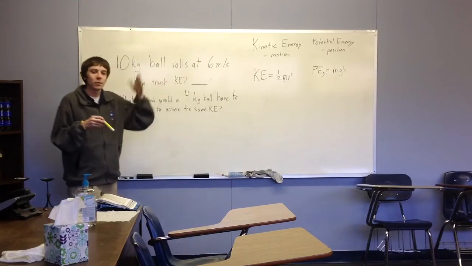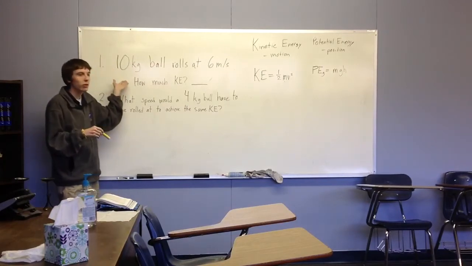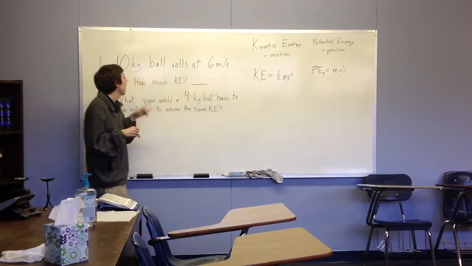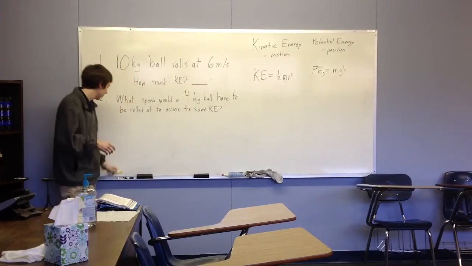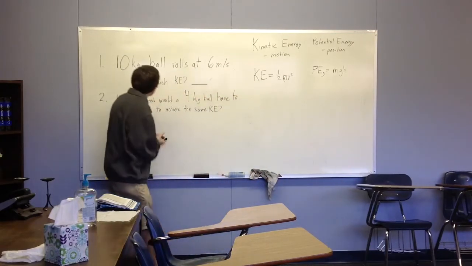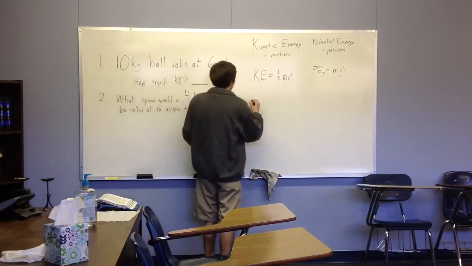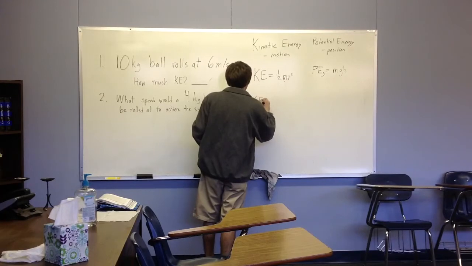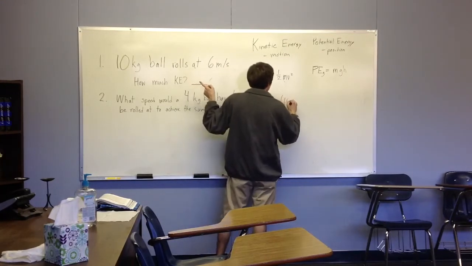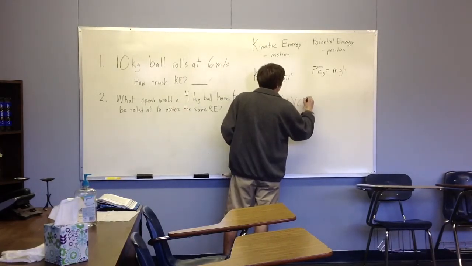So now we're going to apply this to a math problem. Say we have a 10 kilogram ball, that's mass, that's rolling at 6 meters per second, that's velocity. How much is the kinetic energy? Well, we can take 10 and 6 and plug it right into the formula. The kinetic energy will equal half times the mass, which is 10, times the velocity, which is 6, squared.